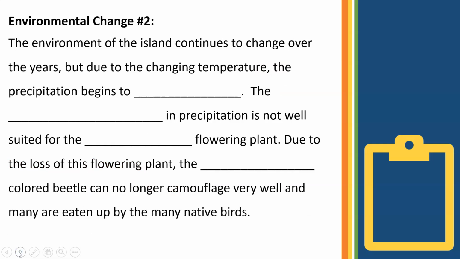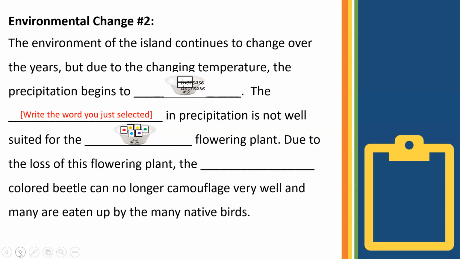The environment of the island continues to change over the years, but due to the changing temperature, the precipitation begins to, okay, you know what to do. Select one. Write it in the blank. Now put that card back in the bowl. This change in precipitation is not well suited for the, okay, randomly choose a color, write it down in the blank.